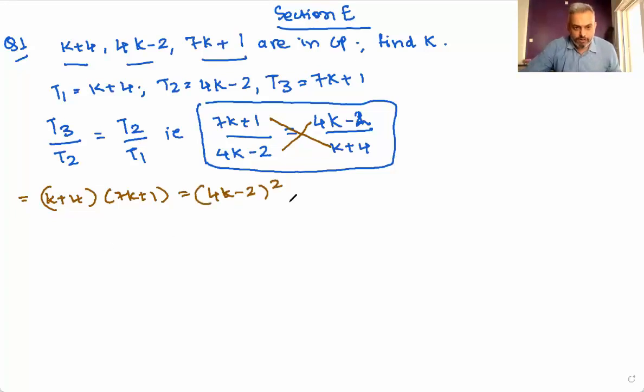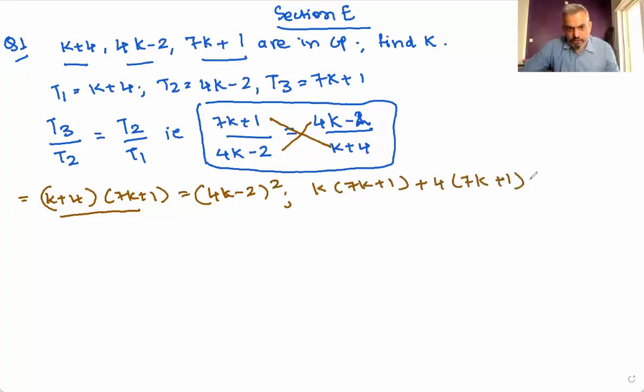Now let's solve this. k plus 4 into 7k plus 1. First we solve this. So we take k in the bracket 7k plus 1 plus 4 in the bracket 7k plus 1, which is equal to 4k minus 2 the whole square.